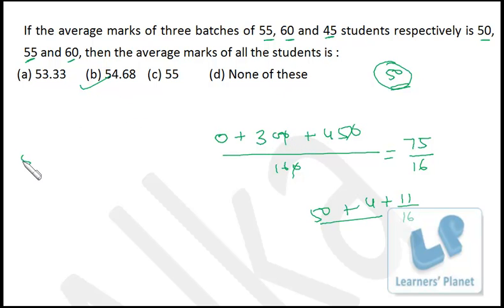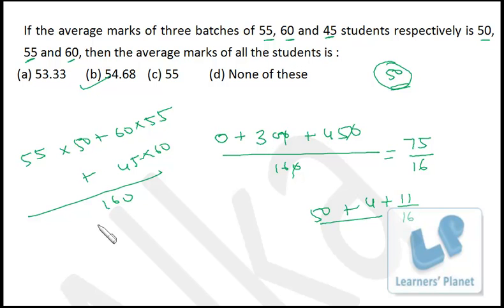If you write 55 into 50 plus 60 into 55 plus 45 into 60 divided by 160, it becomes a tedious calculation, and if we compare this with that, it becomes a very simple calculation. So just practice the deviation method very well. Since we got the positive value over here, that's why we are adding it to the assumed average.